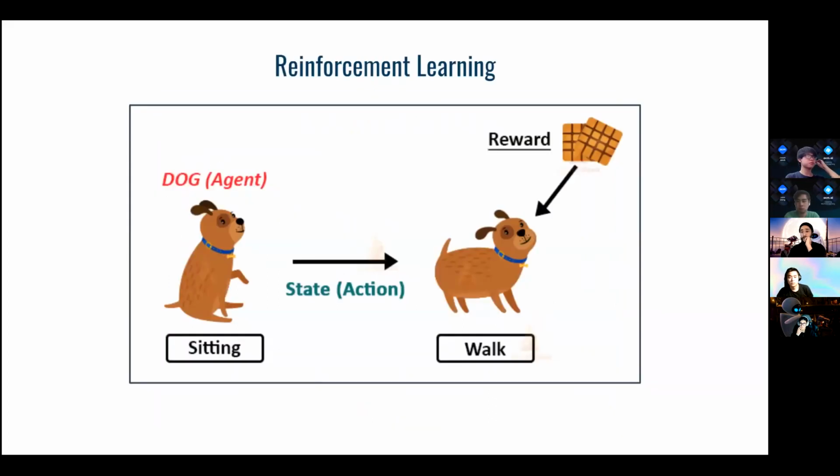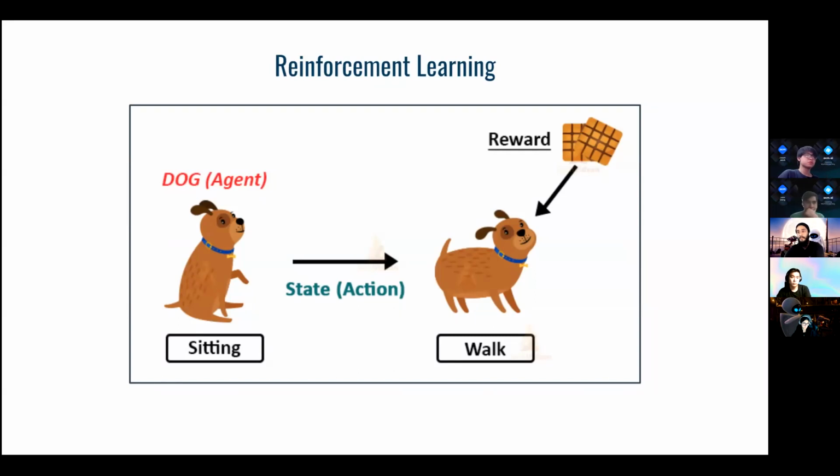Next, we have reinforcement learning. Reinforcement learning is basically letting computers explore a complex scenario or environment on their own. For every action that a computer takes, you reward them if they make a good action, and you penalize them for bad actions. For example, if you adopt a dog and you want to train it to do certain things, like sit when you ask it to sit, you would reward it with treats if it does sit on your command, but you wouldn't reward it with treats when it doesn't.